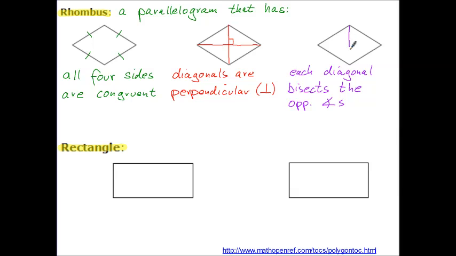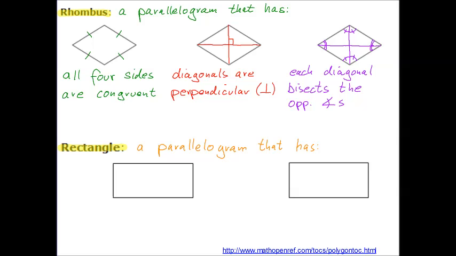So our diagonals go through our rhombus like this. The top diagonal cuts the angle there in two congruent angles, and they are also congruent to each other and to the two angles at the bottom. And the other diagonal cuts those two angles in four congruent pieces as well.